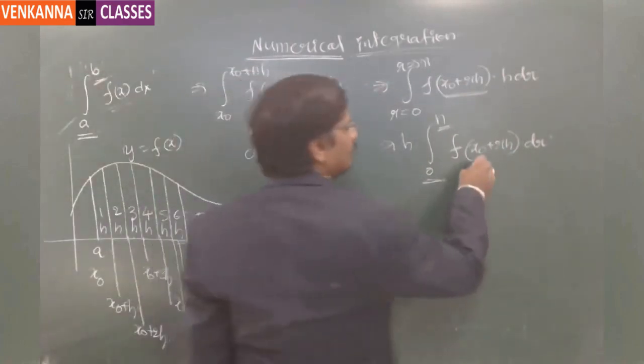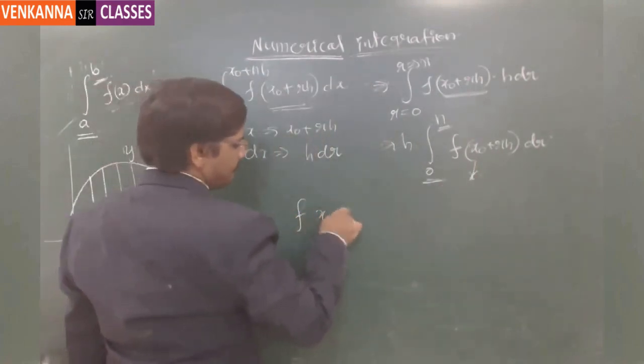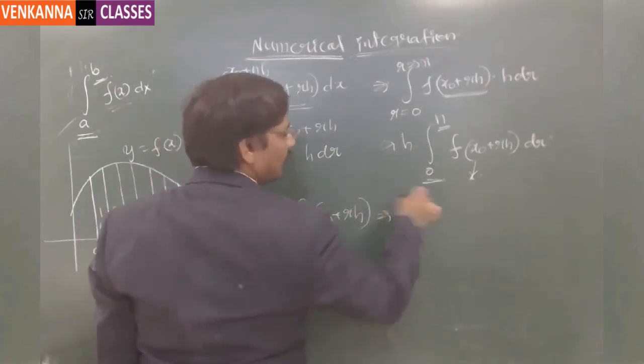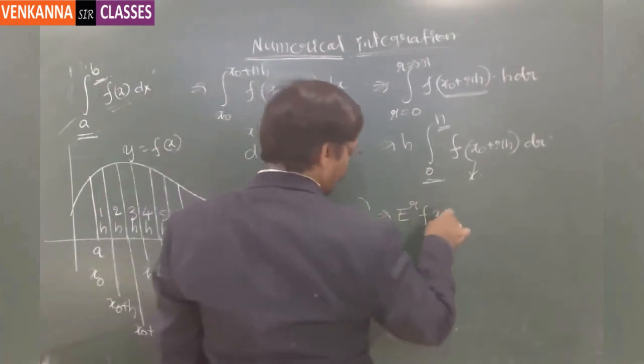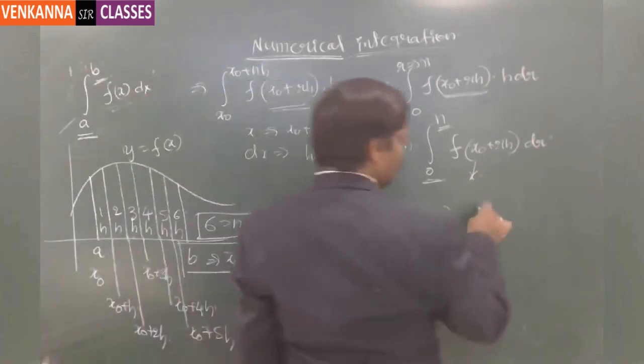Now this value we can calculate with the help of, this is like e power r into f of x naught. So this is actually Newton's forward interpolation formula.